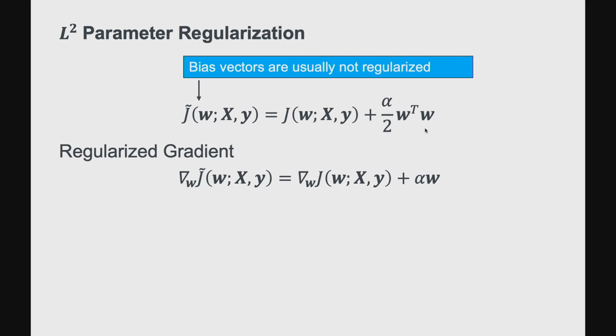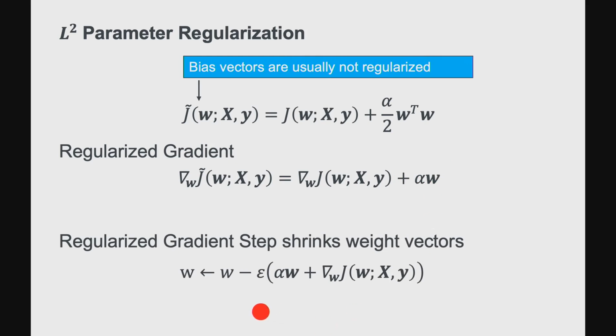And as I said, typically not the bias vectors. And then we have some parameterization, which we can call alpha half. And if we then compute the derivative with regard to W, the derivative of this is just alpha times W. So that means the regularized gradient is the old gradient plus some reduced memory from the old weight vectors.